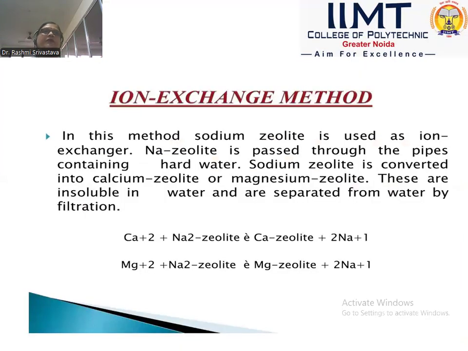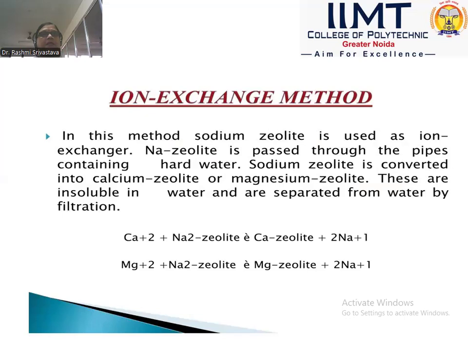Now we have to define the ion exchange method. In this method, sodium zeolite is the main chemical, its formula is NaZ, and zeolite is used as the ion exchanger.